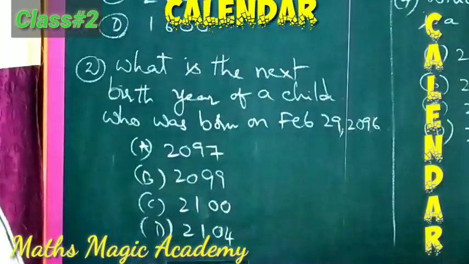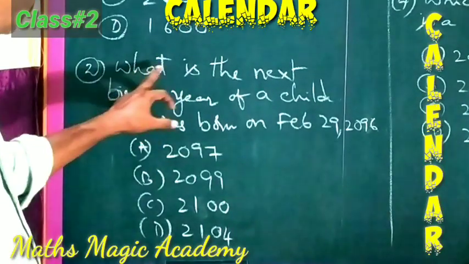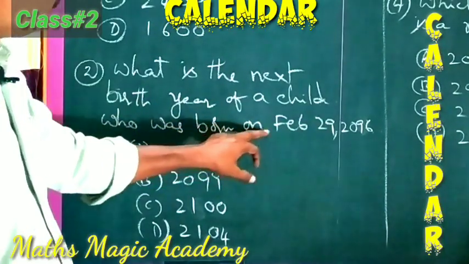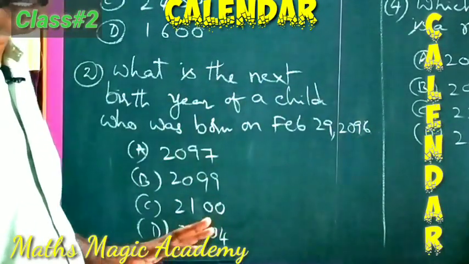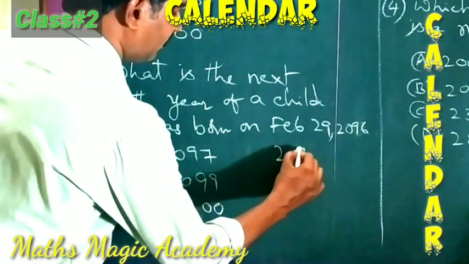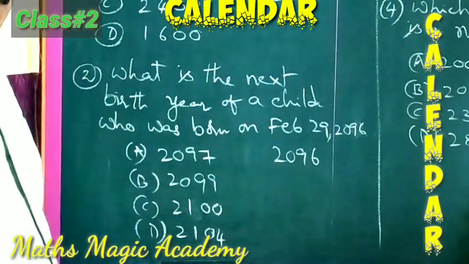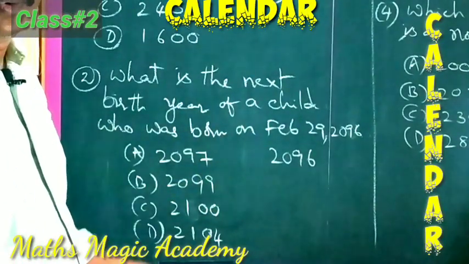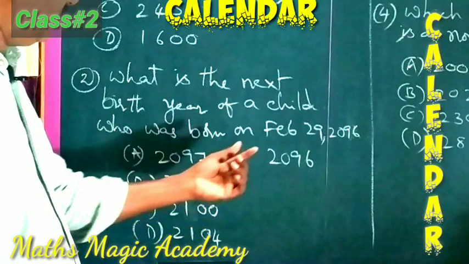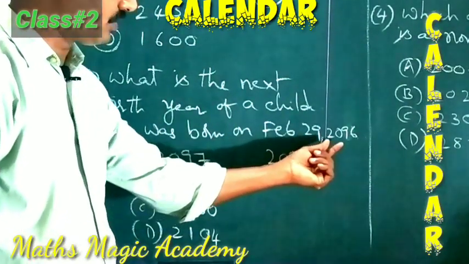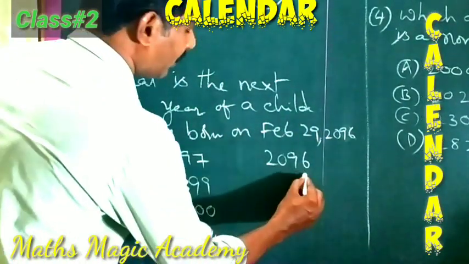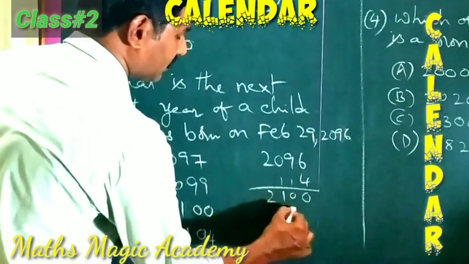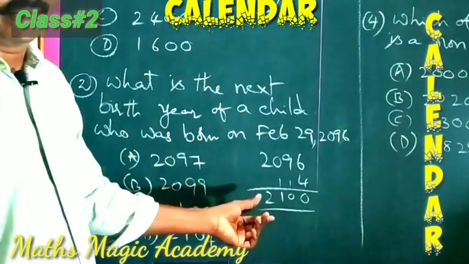Option B. Now, what is the next birthday of a child who was born on February 29, 2096? Every 4 years, a leap year will come. So the baby was born on February 29, 2096. If you add 4 years, what will you get? 2100.